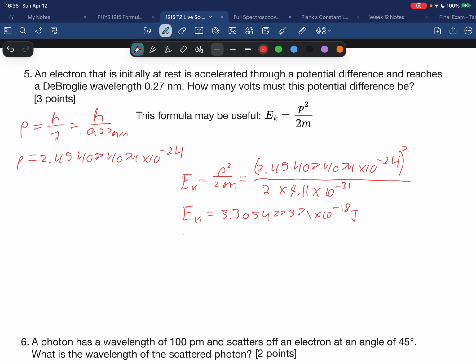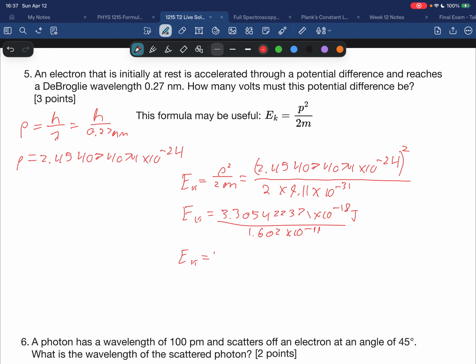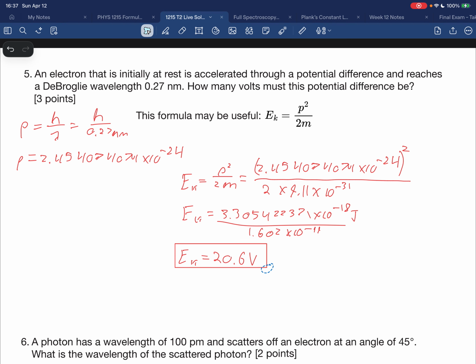Converting this to electron volts by dividing by e, 1.602 times 10 to the negative 19, I get about 20.6 volts is the potential difference needed to accelerate an electron to be given a de Broglie wavelength of 0.27 nanometers.